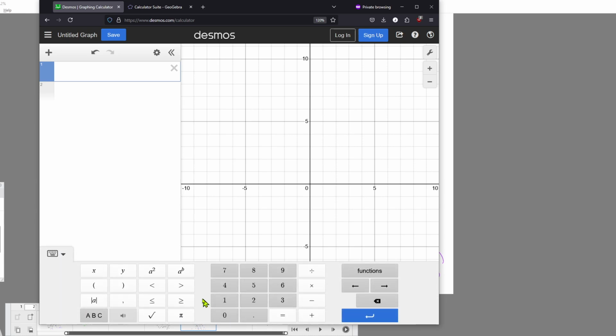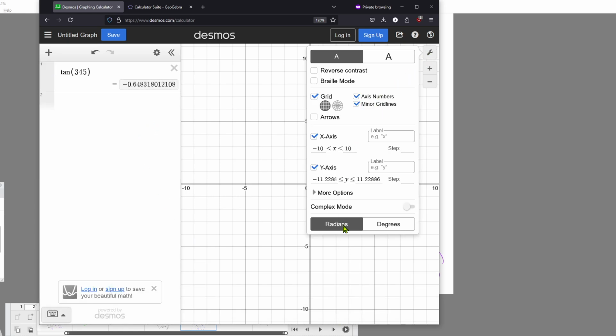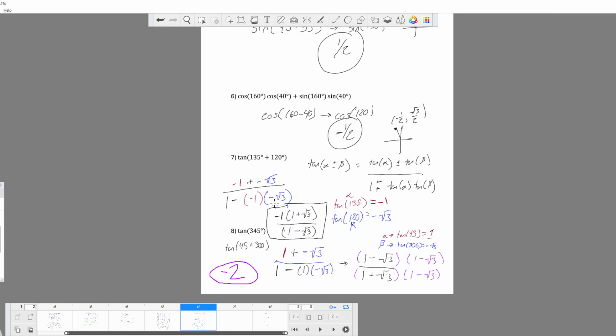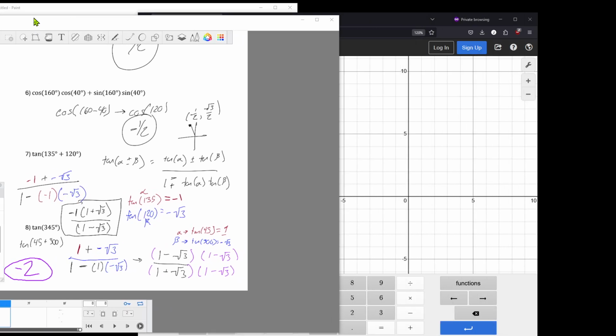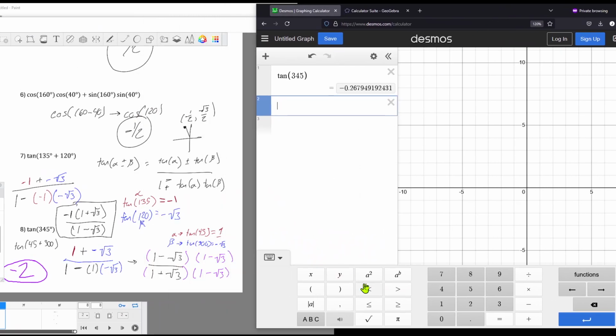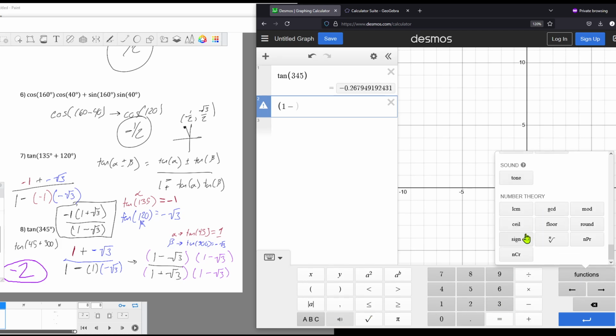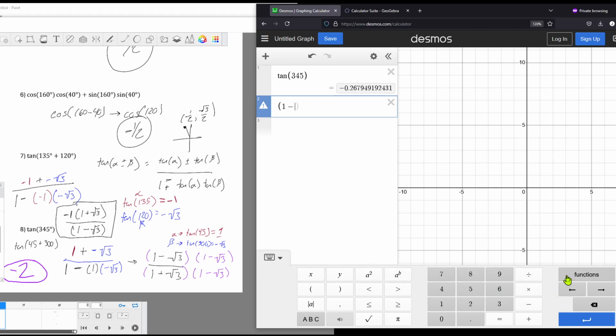So that does kind of make me curious if I rationalized it right. So let's just compare our values here. I can't even find the square root button.